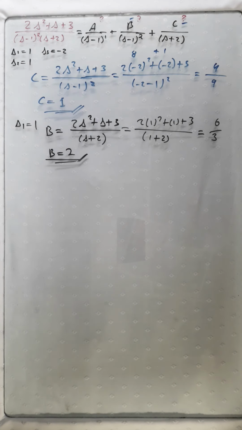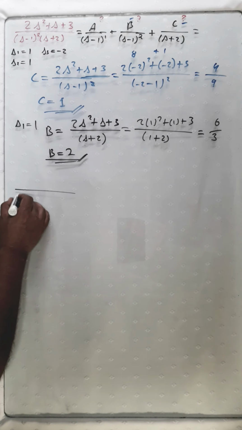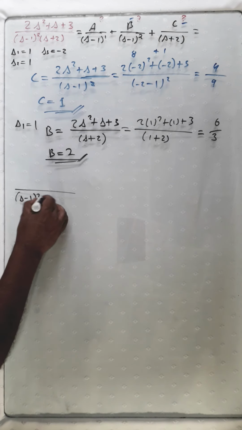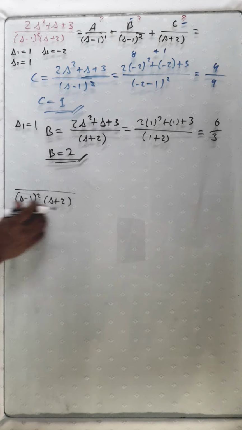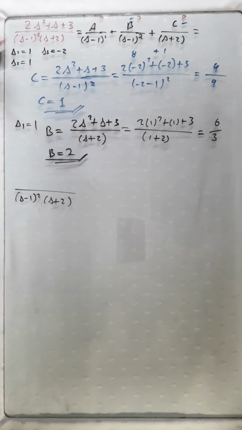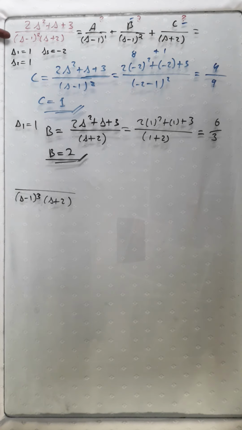So what we have to do is make the common denominator and find the value of A. If you do the common denominator here, it's going to be S minus 1 squared times S plus 2. This is the common denominator. Now it's not going to be S minus 1 to the power of 3, because that is not exactly the original fraction.